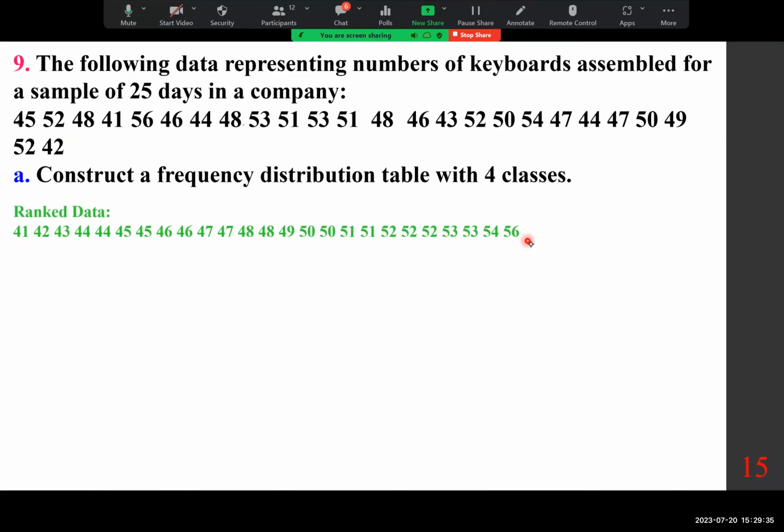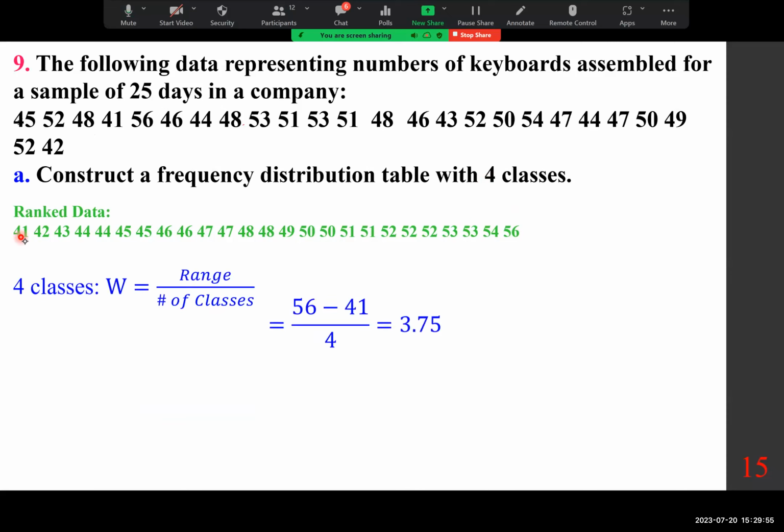That is to divide the range, which is 56 minus 41, by the number of classes. So the width is range divided by the number of classes. Range is 56 minus 41, divided by 4, and we end up with 3.75.